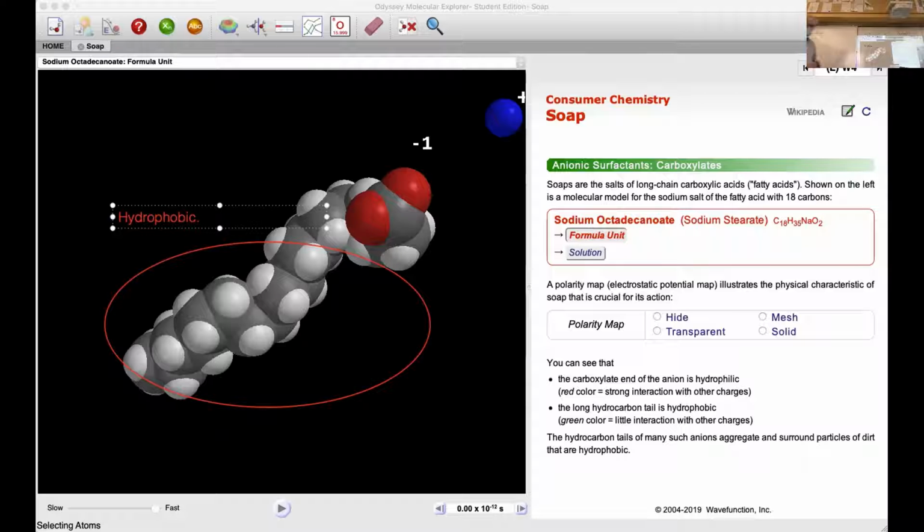Aha, look, I have some soap. Do you see soap? I have water. Do you see water? What do I have here? Okay, what's going to happen? Their densities are different. Is oil hydrophilic or hydrophobic? Hydrophobic. Are you sure? Because they don't mix. Yay.